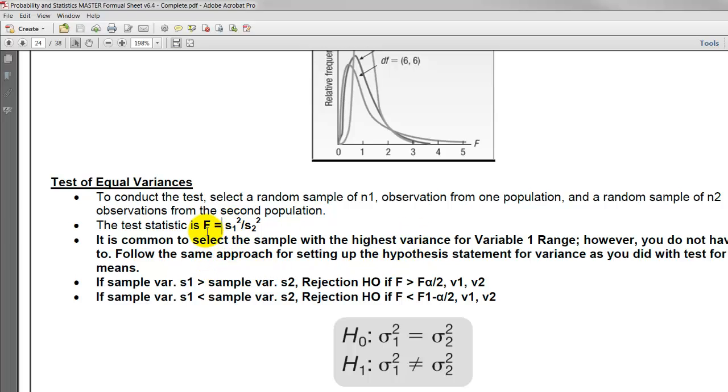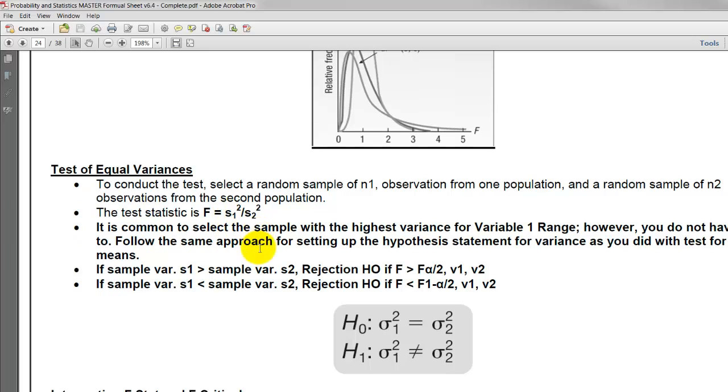That's why I wanted to take a minute to review these notes. We can always interpret the results based on the p-value, and that's what we're going to do. But I'm going to show you through our demonstration what I'm talking about related to this F statistic.